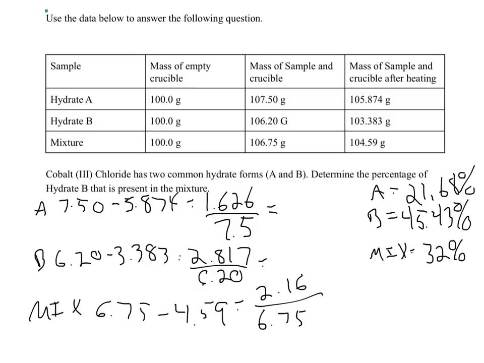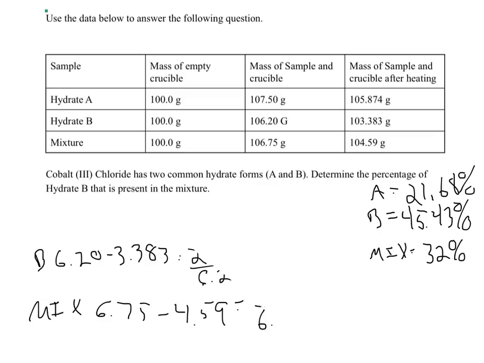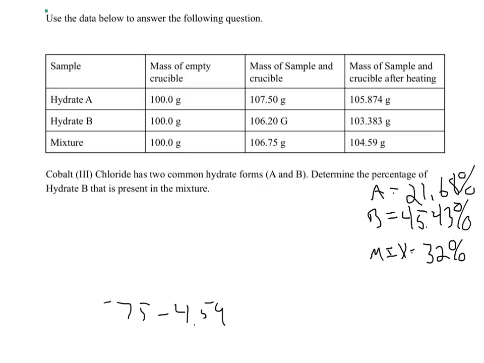Okay, so now we know how much water there was in each hydrate and how much water there is in the mixture. So we're going to use those in an equation to calculate the percentage of the mixture that was each hydrate. So we know that the mix is 32%, so I'm going to convert that to a decimal. 0.32 is water.